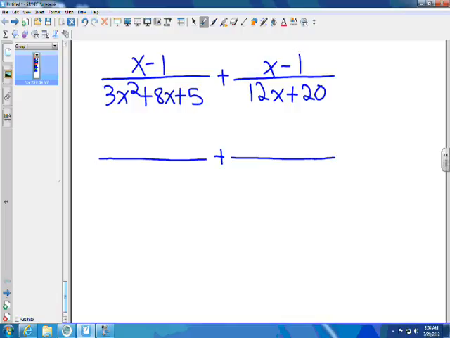We got step 1 down. So what do we do on the bottom? Is there a common term? So we grab x plus 1 and 3x plus 5.